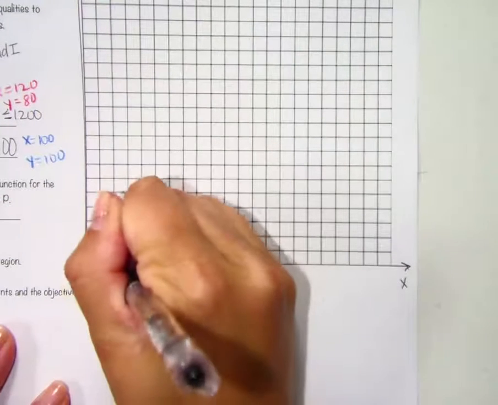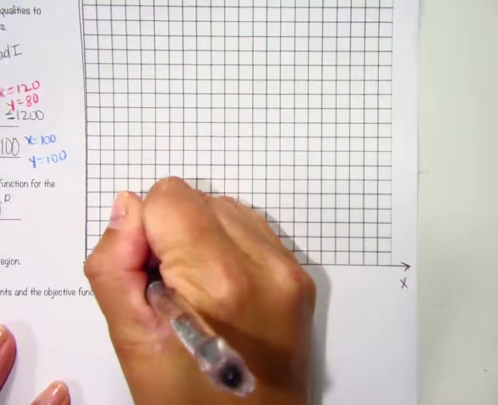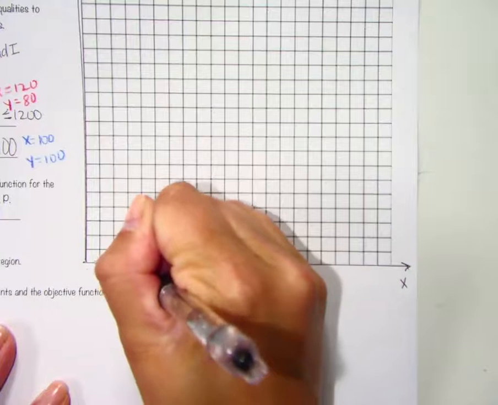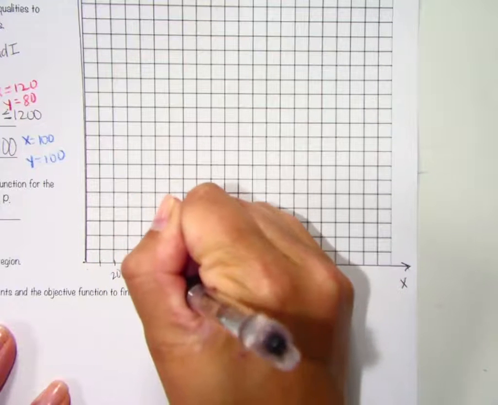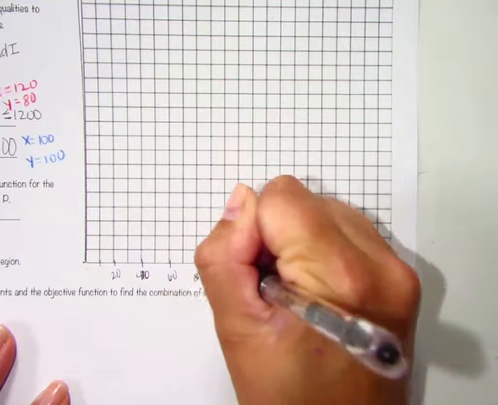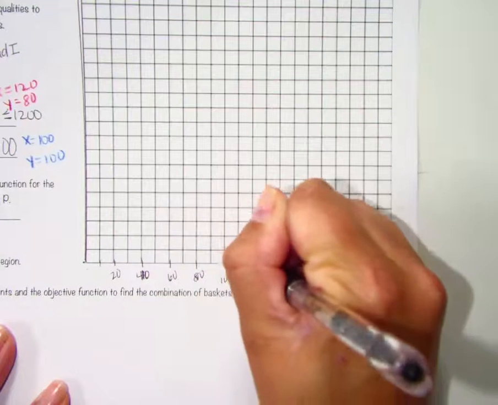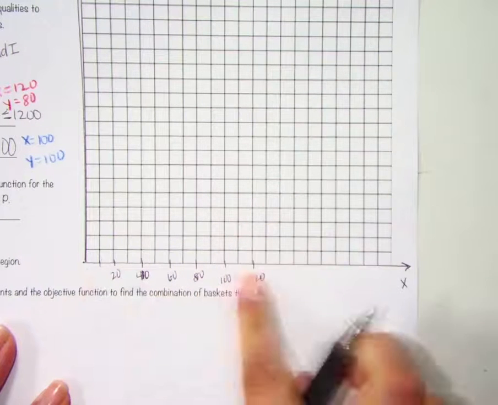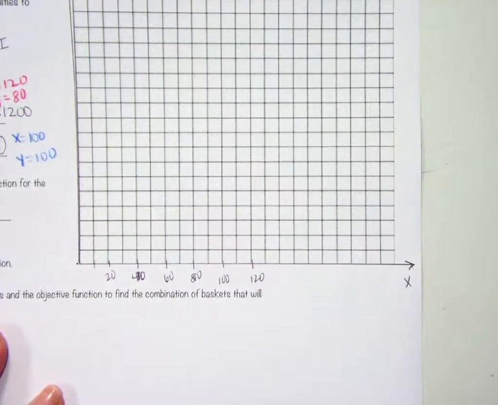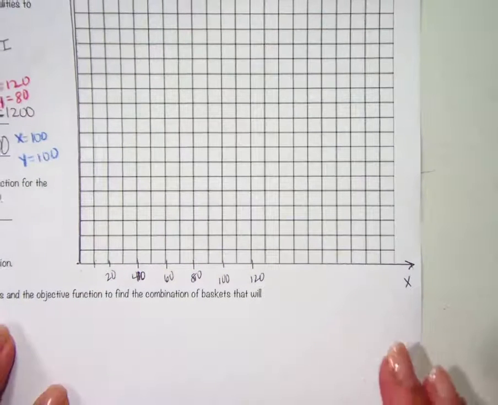If every box is 10, then every 2 is 20. And that allows us to fit on our scale that maximum x value that we need to plot.